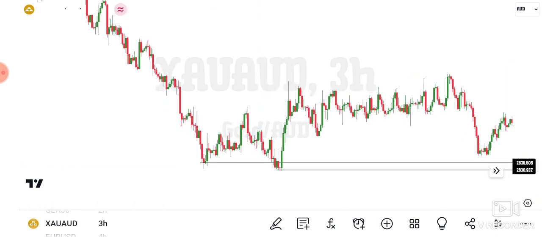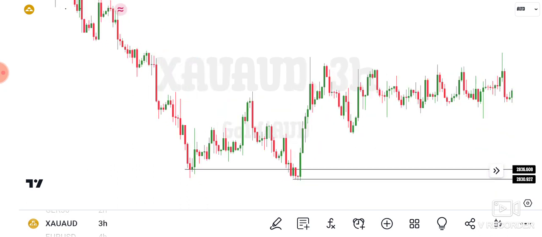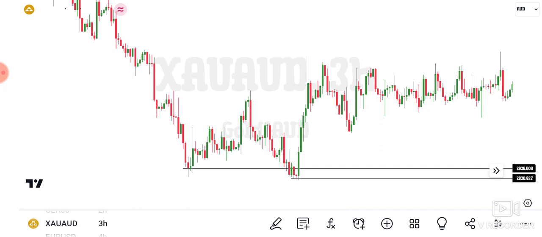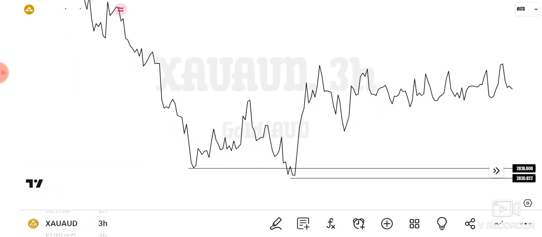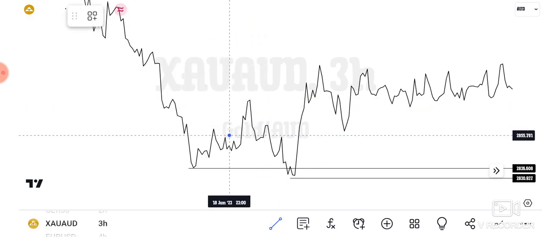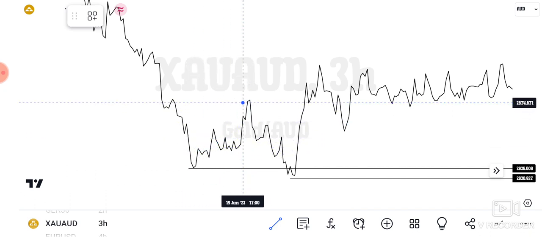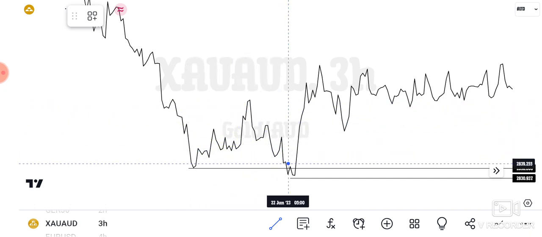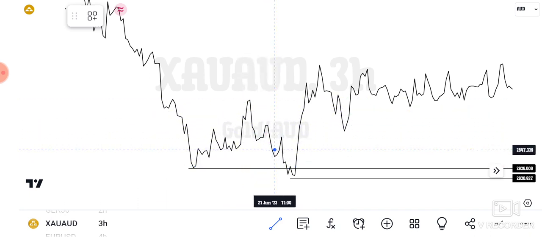Something like this. So I will change it back to a line chart. We have another QML, like you can see, this one. This one was a buying move. So we had a corrective move to the downside, creating highs, lows, highs, low, something like that.